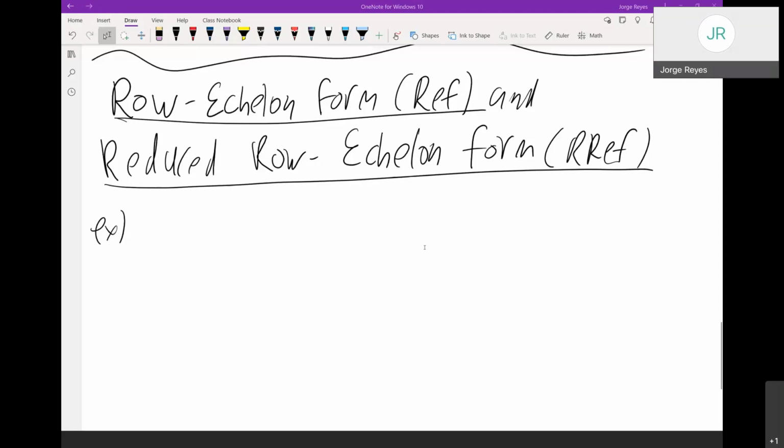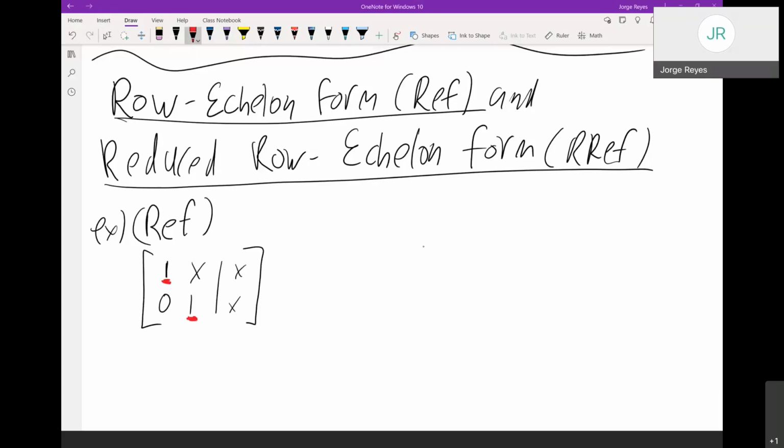So for row echelon form, REF, you're going to want your matrix to look something like this, where x's are just random numbers. You don't care what the x's are. What you care about is that this is a 1, this is a 1, and this is a 0. That's really the special thing about row echelon form.